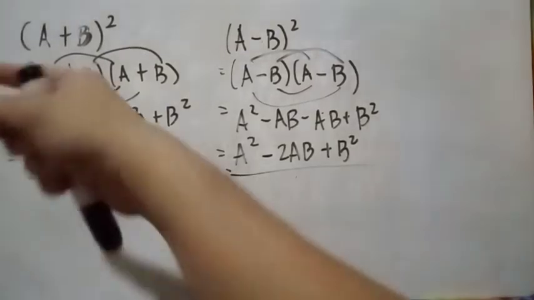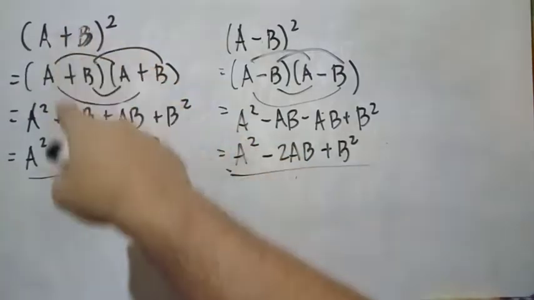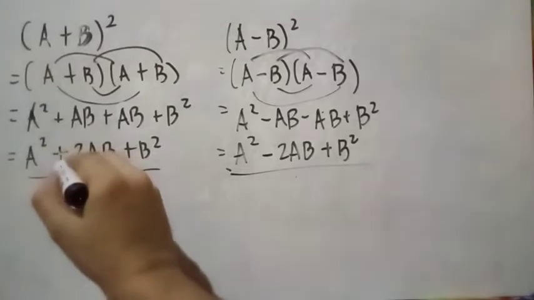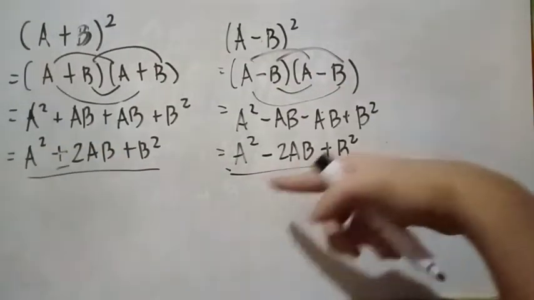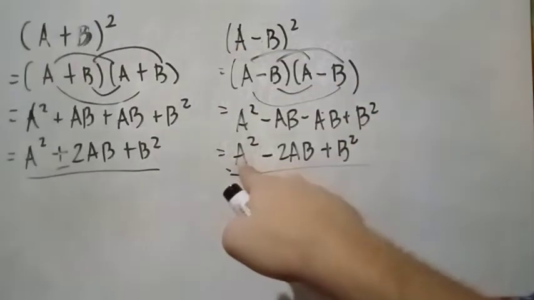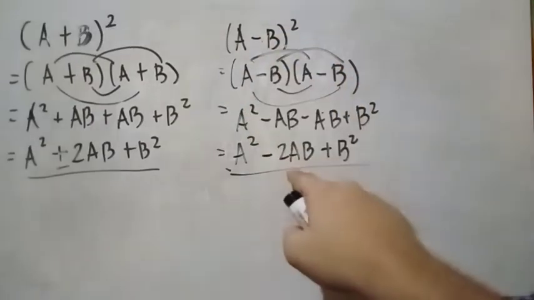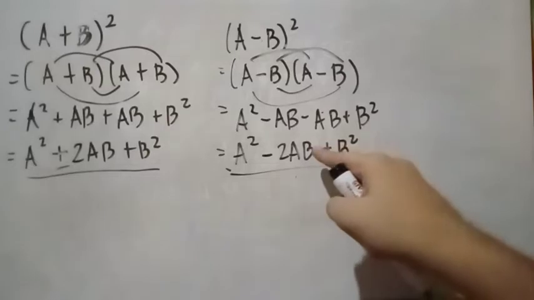Samantala, pagdating naman sa signs, yung sign nito is plus, di ba? So, yun yung magiging sign ng middle term sa trinomial, which is positive also. Samantala, ganun din naman sa terms dito, yung first at saka last terms ng trinomial ay squares nito, tapos yung gitna term ay twice ng product ng a at saka ng b, which is 2ab.